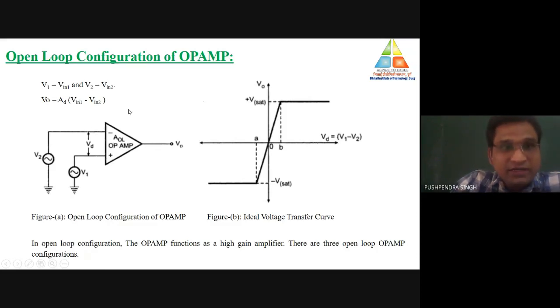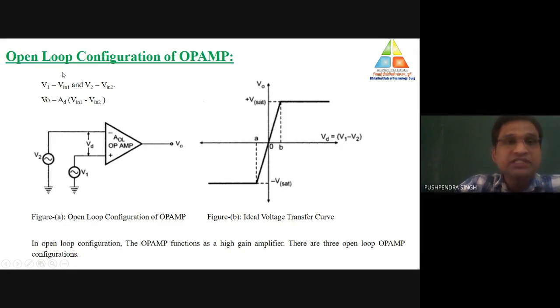Now let's see, suppose the value of Vin1 is greater than Vin2, assuming that due to some fluctuation in the input, changes in the input signal, or interference of noise. Then the value of V0 is equal to AD times (Vin1 minus Vin2). What is the value of AD?